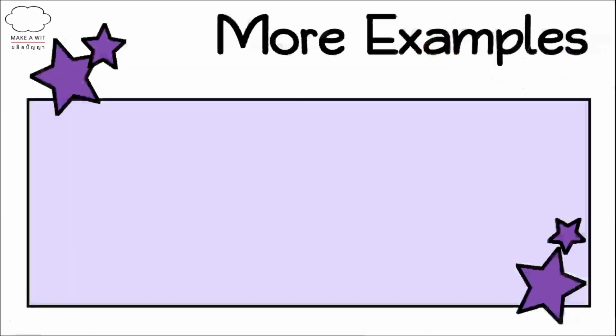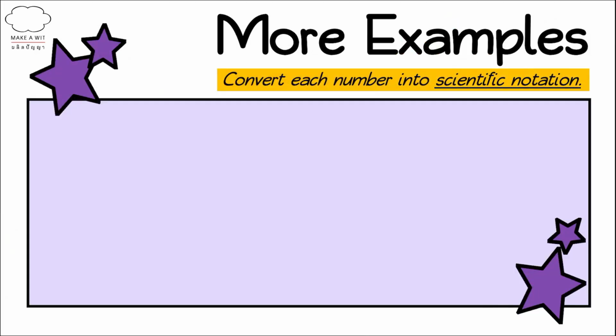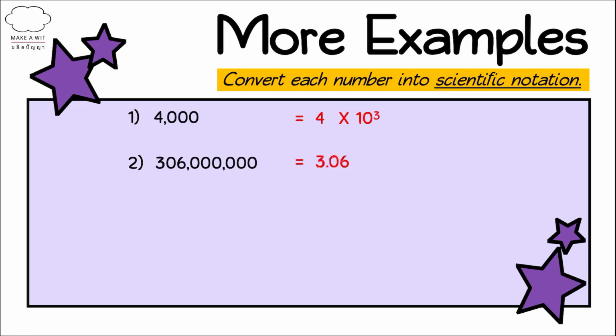Okay, now more examples. Let's see. Convert each number into scientific notation. Number 1, 4,000 equals 4 times 10 to the power of 3. Very good. How about this one? 306 and 6 million. What about this? 3.06. Very good.